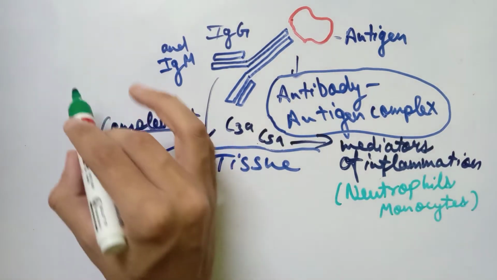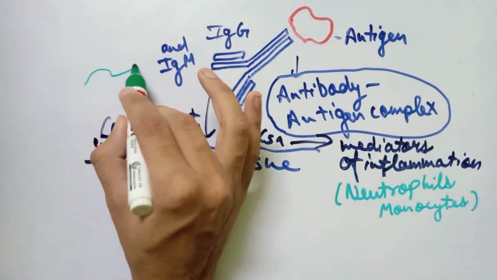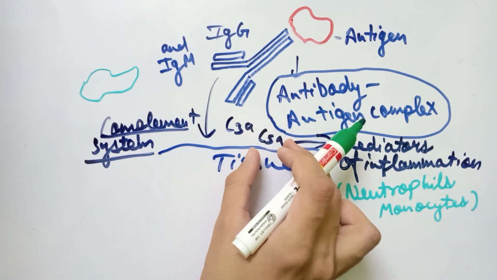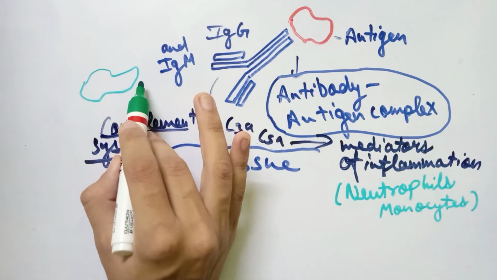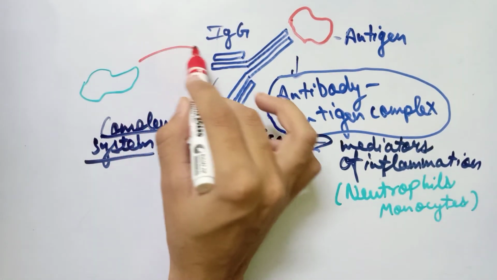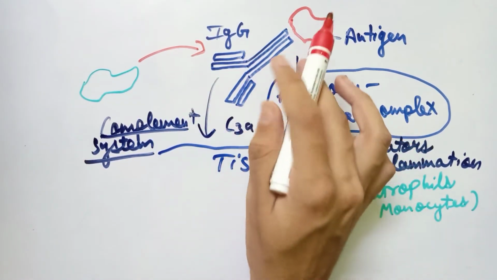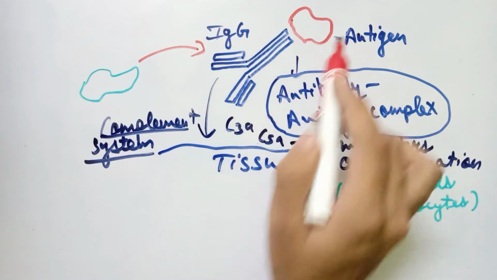And the neutrophils that are called upon are attracted by the C3a and C5a fragments. These neutrophils then try to engulf the immune complex, which is formed by the interaction of the antibody and the antigen.